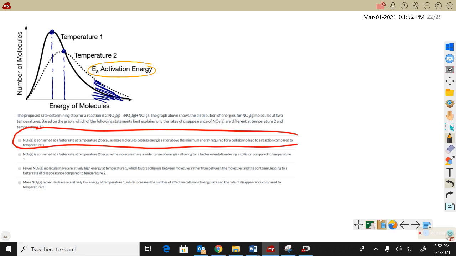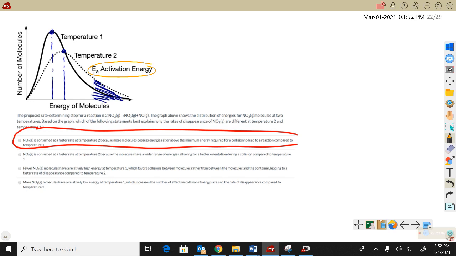But at that higher temperature, there's more molecules that possess energies at or above the minimum energy required for a collision to lead to a reaction. Or in other words, there's more particles that are at or above activation energy.